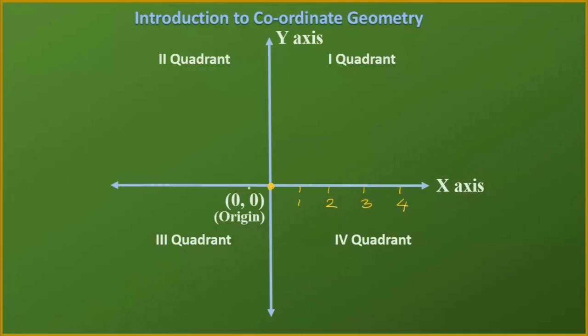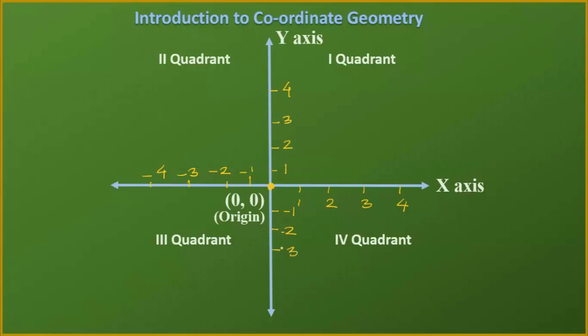Similarly, on the left I will take -1, -2, -3, -4. Same way on the y-axis, the upper part I will take as positive 1, 2, 3 and 4, and the lower part I will take negative values, -1, -2, -3 and so on.